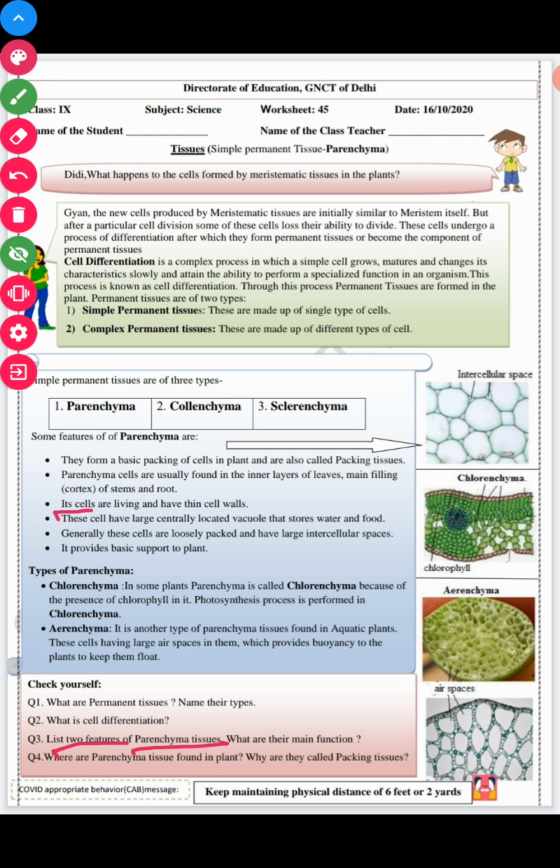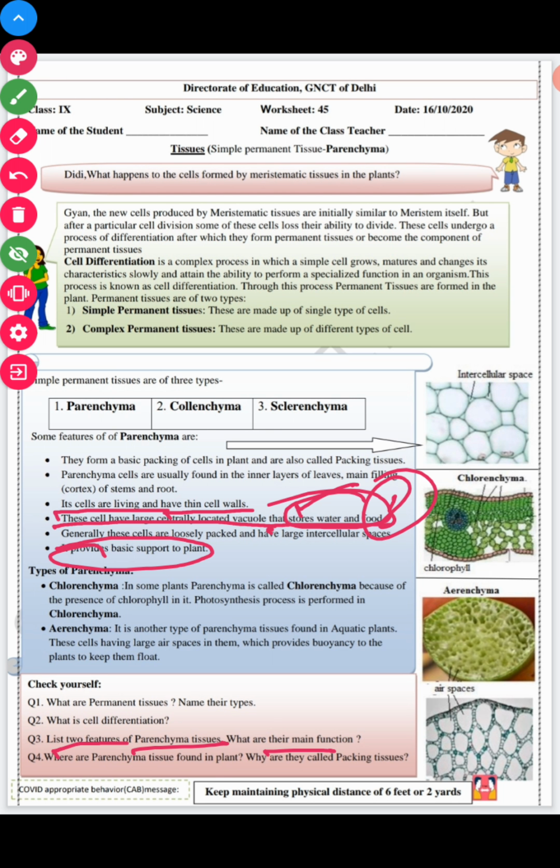You can write this: these are living cells and have thin cell walls, and these cells have a large centrally located vacuole that stores food and water, right? And next we have their basic function. You can write this: they provide basic support to the plant, and also they have the centrally located vacuole which stores water and food. This is the answer of your third question.